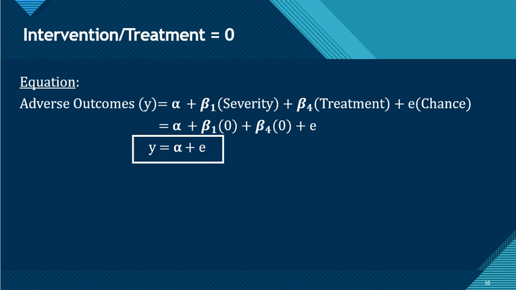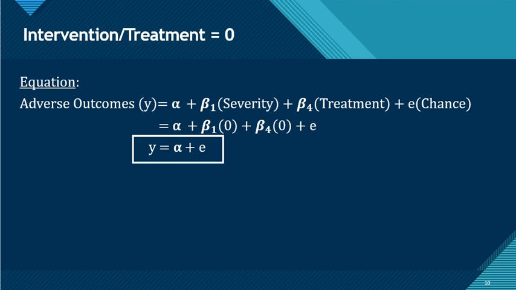Now that we completed the first part of the question, we move to the next. The question asked to estimate what would happen if intervention/treatment was not given. I found that there were two examples when intervention and treatment is set to 0.